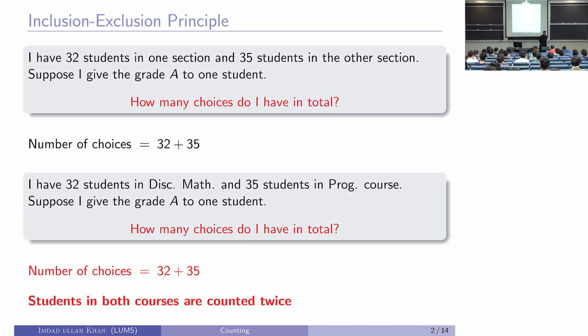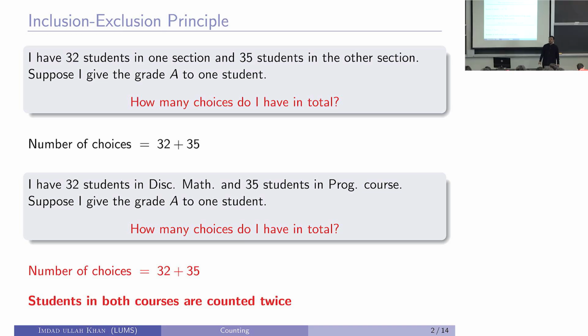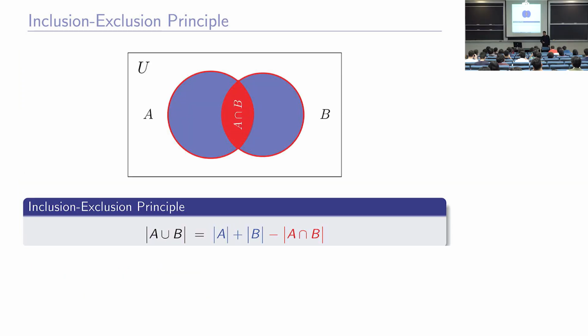But for different courses, there could be students taking both courses. So that's not really a different option, right? So I don't have 32 plus 35 options. And this type of thing is exactly the sum rule, but we have to qualify it, right? What we studied so far only works for non-intersecting sets.